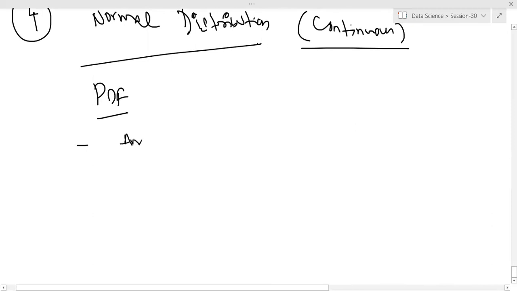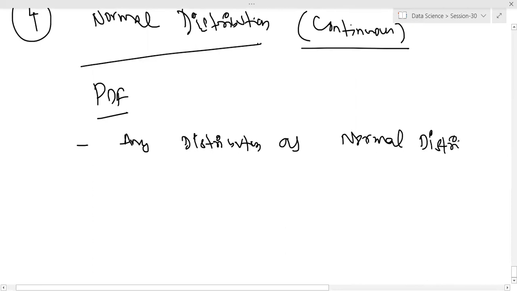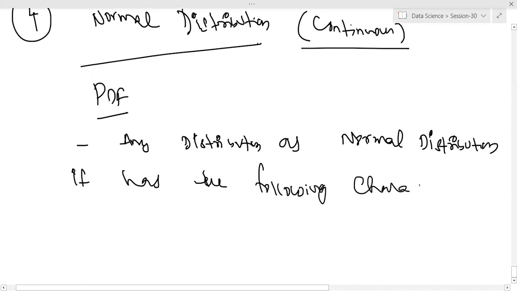So if I want to say any distribution as normal distribution, the distribution has the following characteristics.